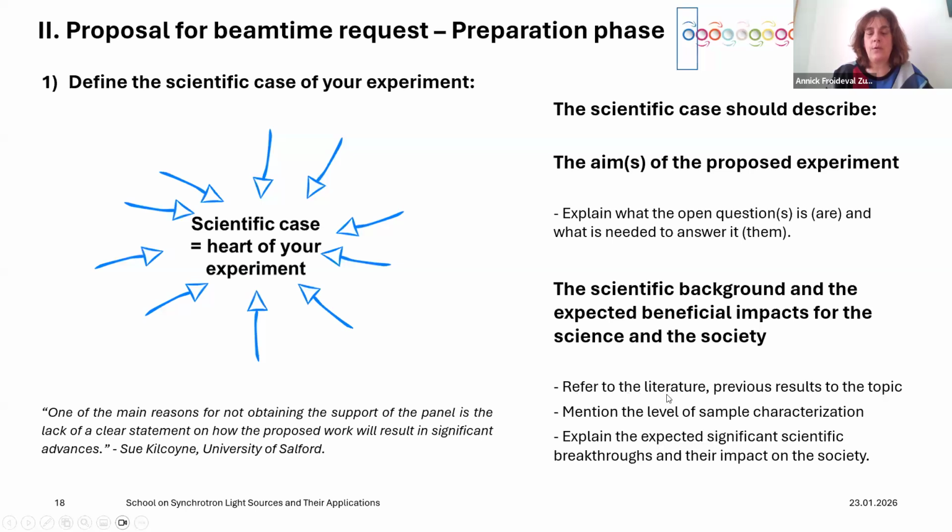So here you can refer to the literature, you can use previous results that you know exist on that topic. You can mention the level of sample characterization. This is something which is also very important. So first, the questions you want to solve, and how it will be important for you, for the science and the society, to answer those questions.